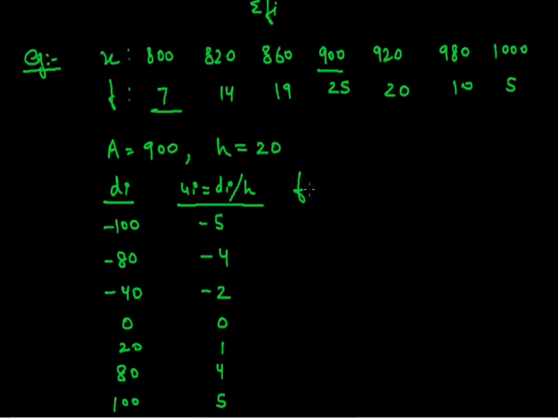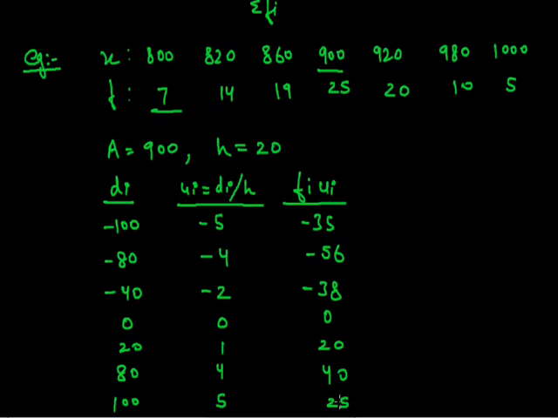And now we will find out the fi ui, that is, we will multiply this ui with the frequencies. So 7 will be multiplied by minus 5, so we will get minus 35, 14 by minus 4 gives minus 56, 19 by minus 2 gives minus 38, 0, 20, 40 and 25.